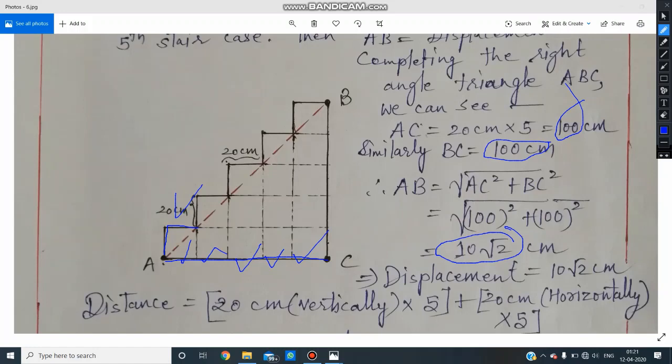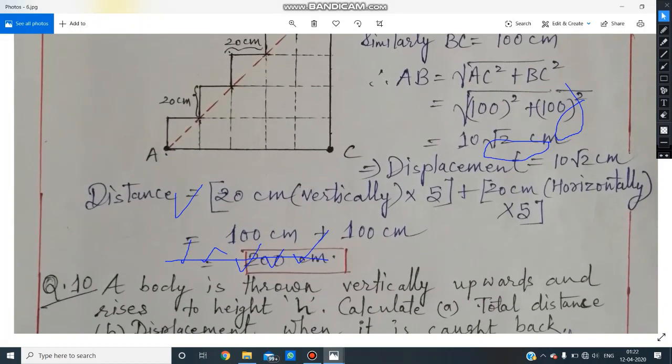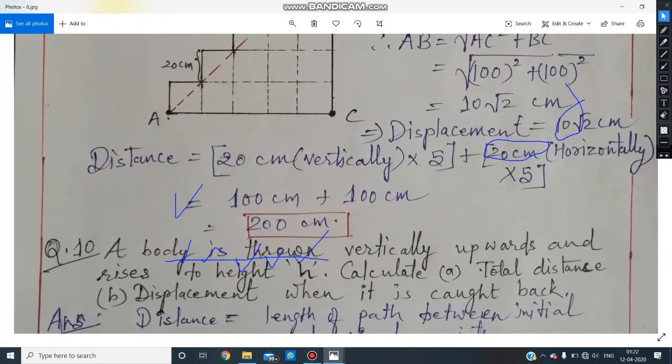In that way, it has covered 20 centimeter vertically 5 times and 20 centimeter horizontally again 5 times. The total distance you can easily calculate now, I guess, as we have given you the clue. Let's see where the calculation ends. 100 from here, 100 from here. So the total distance comes to be equal to 200 centimeter.